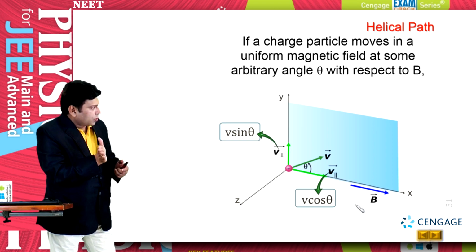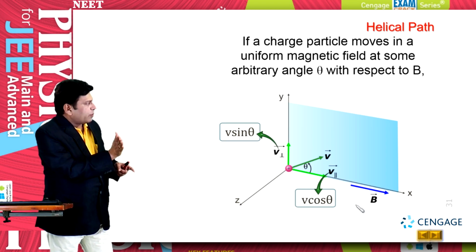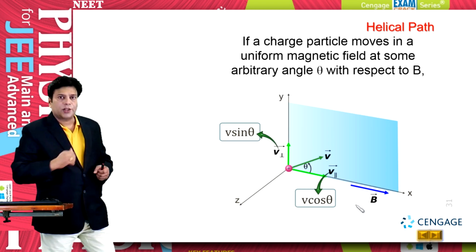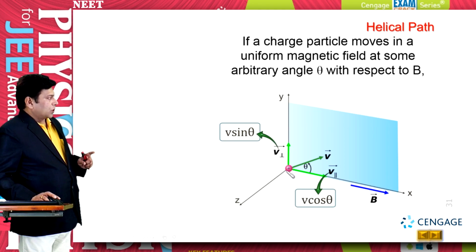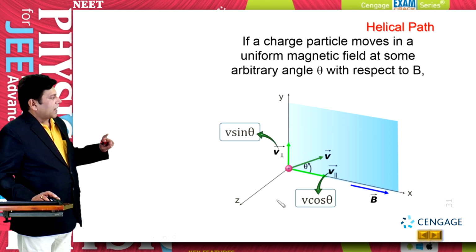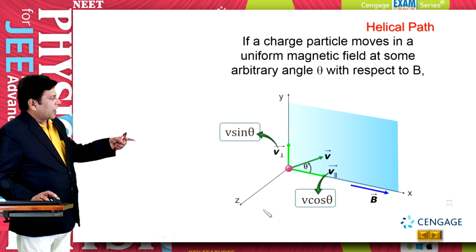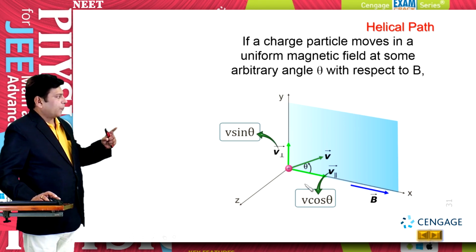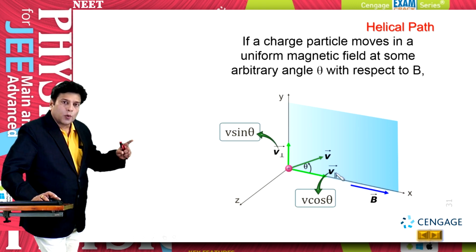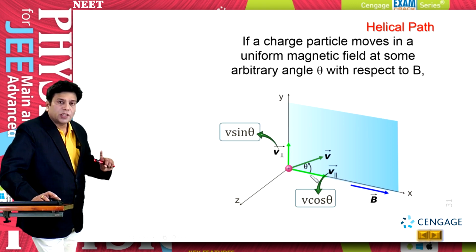So the force on this charged particle will be along the minus z direction, because this force is perpendicular to this velocity component. That means the motion of the charged particle will become circular. But the component v parallel will remain unchanged.